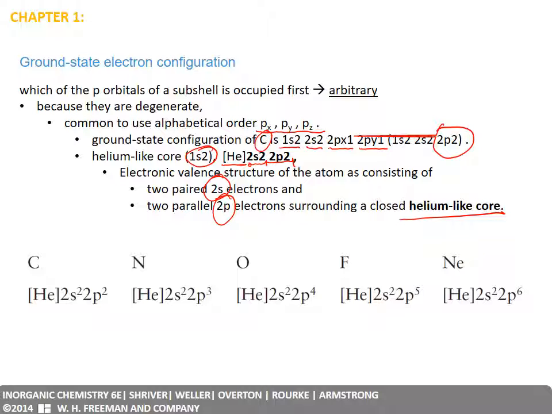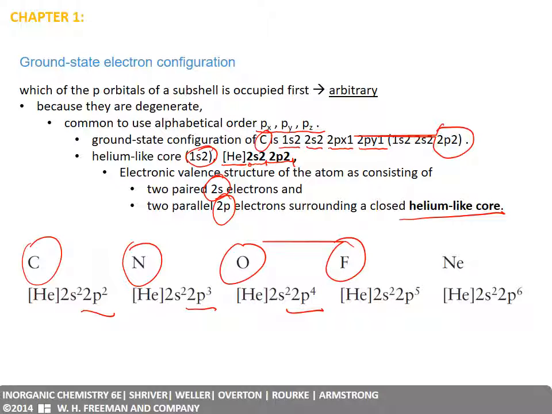Okay. Now nitrogen, we have 2p3, oxygen, we have 2p4, fluorine, we have 2p5, and then neon, we have 2s2 and 2p6. Now neon is also a closed shell.